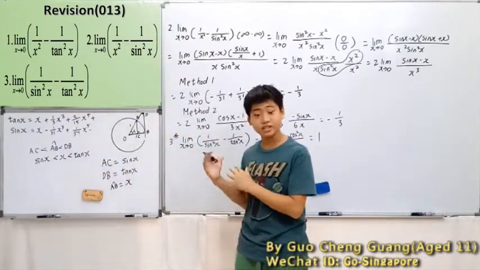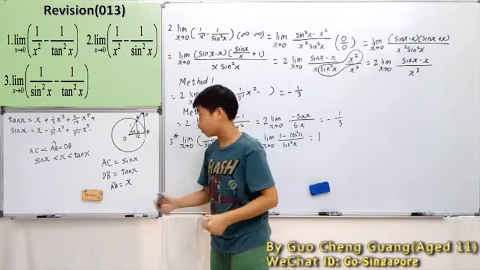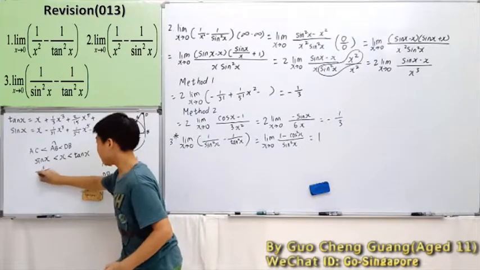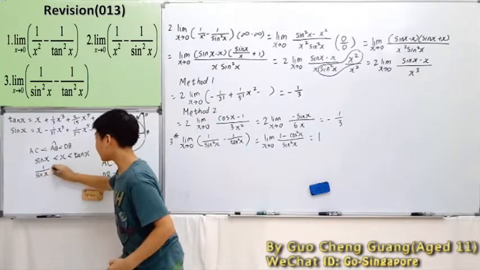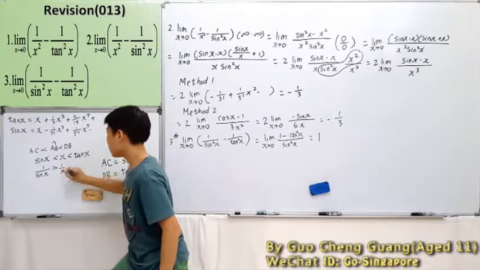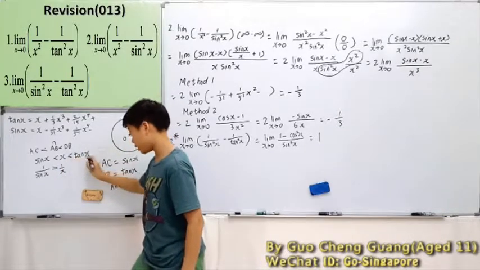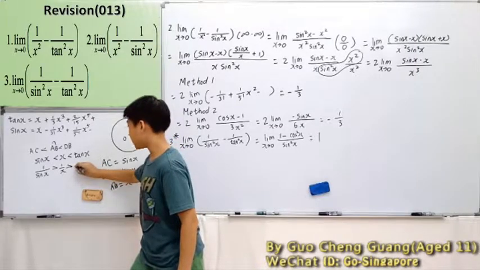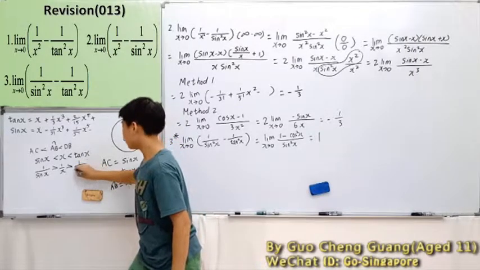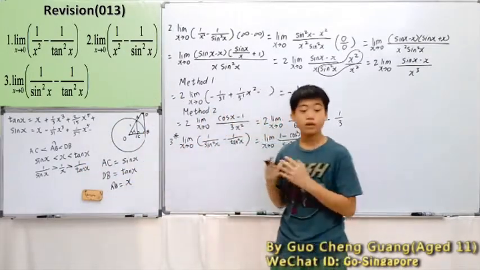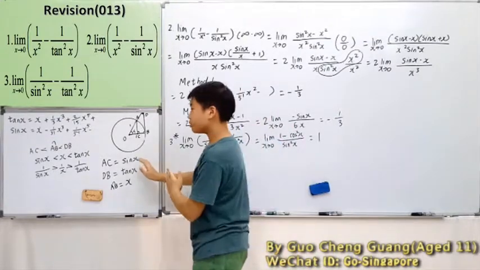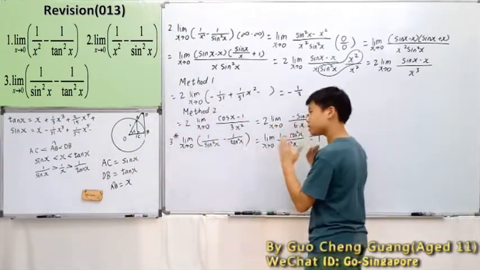But actually, in this question, we have this reciprocal. So when its denominator is small, its fraction is bigger. So 1 over sine x is actually bigger than 1 over x. And 1 over x, being smaller than tangent x, becomes bigger than 1 over tangent x. It's just that in these questions, we have an extra square. So even from these, we could find out which one is bigger than what.